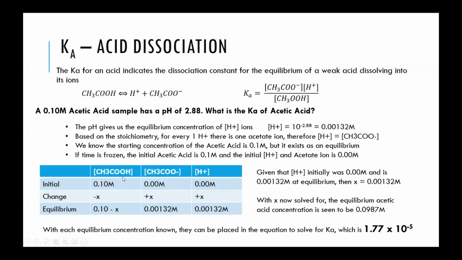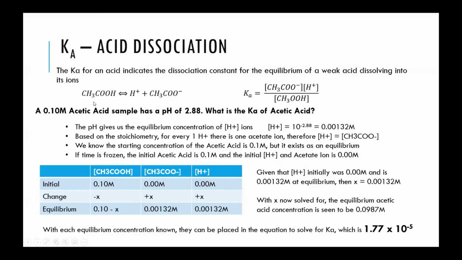For the acetic acid molecule, the equilibrium concentration is now 0.1 minus 0.00132. And this gives a final equilibrium concentration of 0.0987 molar. Now you have the equilibrium concentration of all three components within the equation.